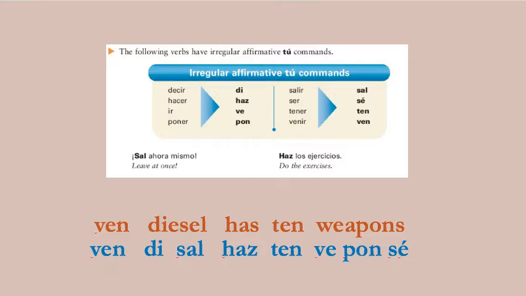So one thing we could use to perhaps remember this is the English sentence, Vin Diesel has 10 weapons, or in Spanish, Vin Diesel has 10 weapons. Vin Diesel has 10 weapons. It's one thing, I know, silly, but it helps me remember these 8 commands that are very important and highly used in the Spanish language.